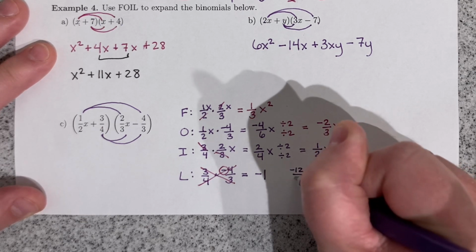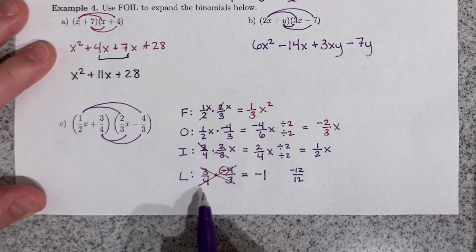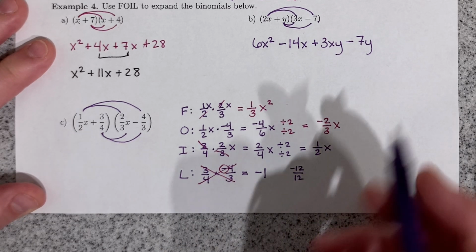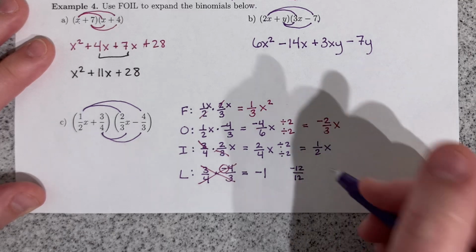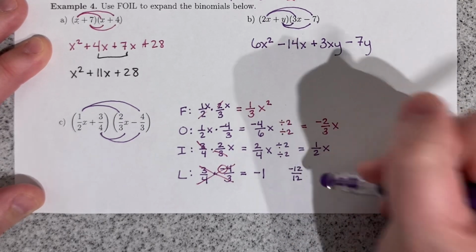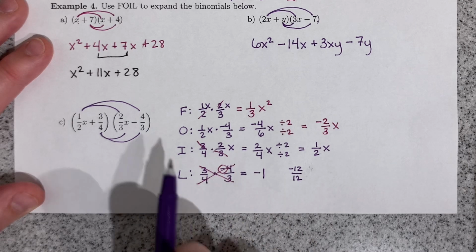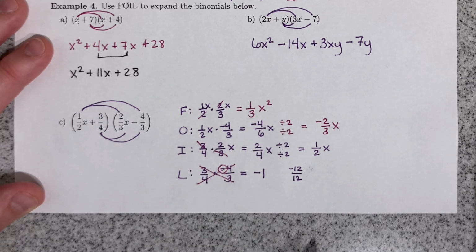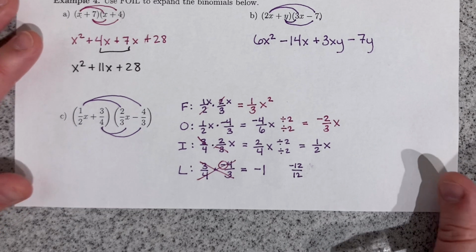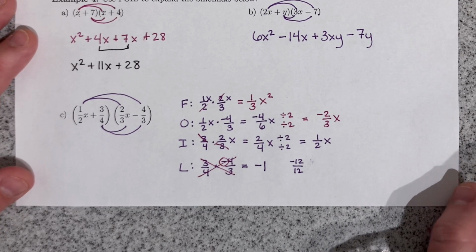If we think of it as negative 12 divided by 12, well, that's also negative 1, right? If you divide it by 12 on top and bottom, you'd get negative 1 as well. I'm not going to write that out necessarily, but I wanted to make that clear that if the canceling before you multiply isn't for you, just make sure you know how to reduce at the end. Phew. All right, are we done?